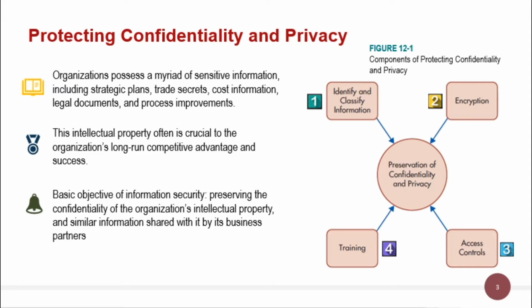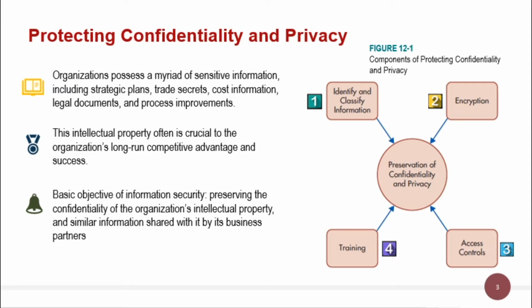Most organizations have sensitive information such as strategic plans, secrets, cost information, and so on. And the intellectual property is often very crucial for the organization to be sustainable, a going concern, in the competitive advantage, and then have success.